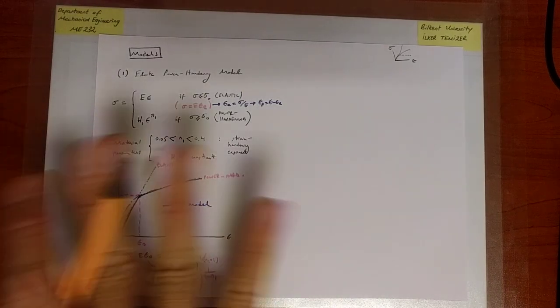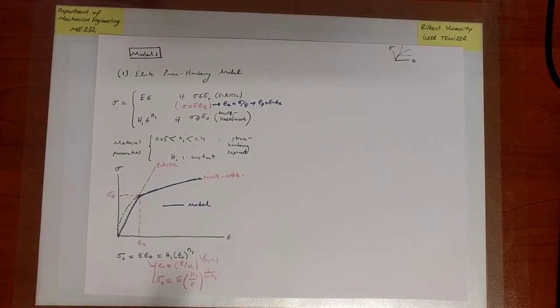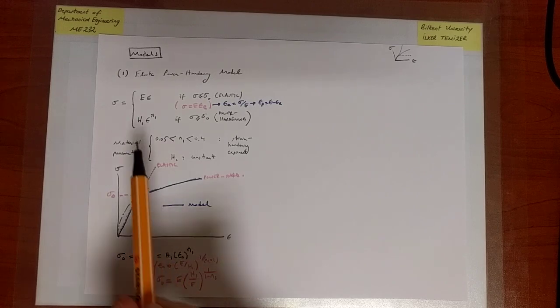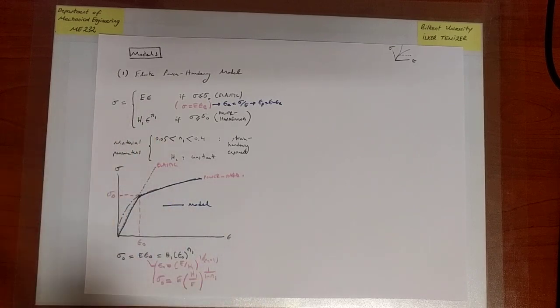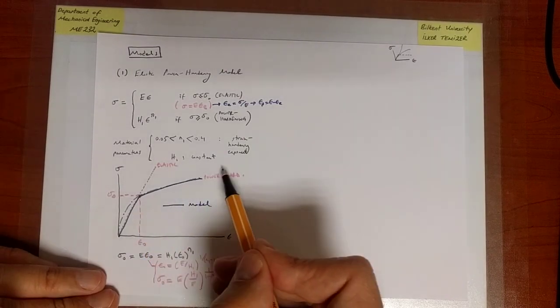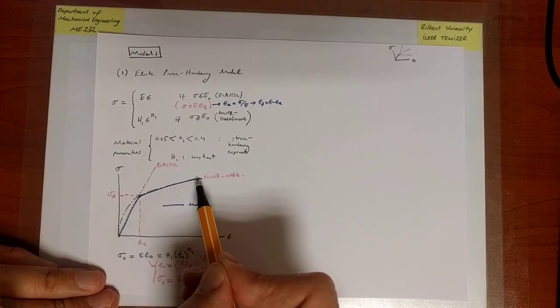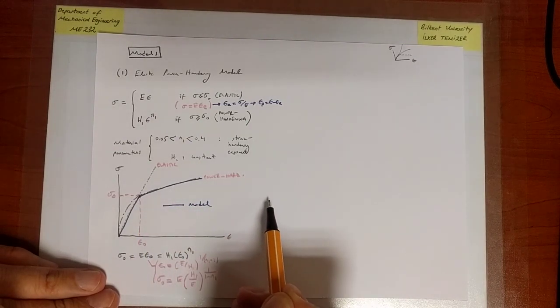And finally, if you would like to use this model with the true stress strain curve, all you have to do is replace the epsilon with epsilon tilde and sigma with sigma tilde, and the rest of the model works exactly as I have displayed here. And in fact, this is something you really have to do at or beyond the point of necking, because remember, the true stress strain curve always increases, whereas the engineering stress strain curve will start decreasing after a certain while.